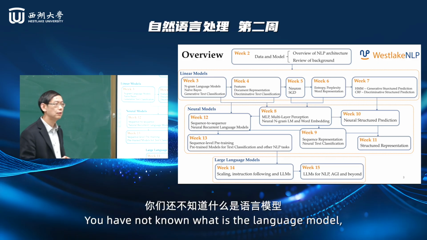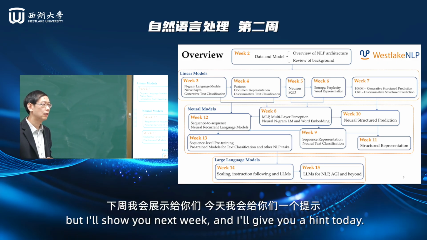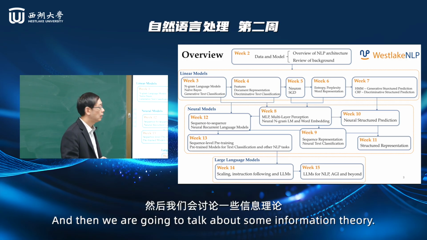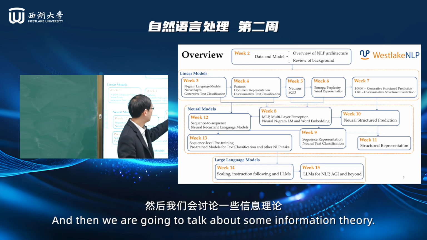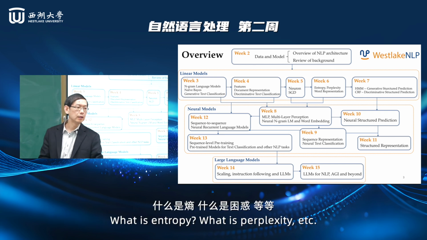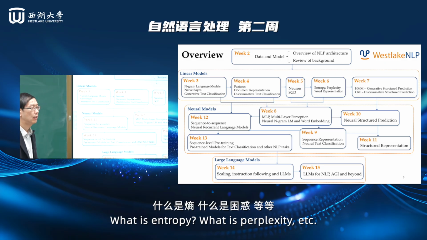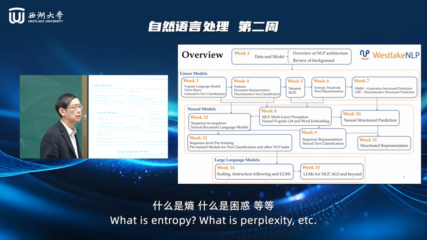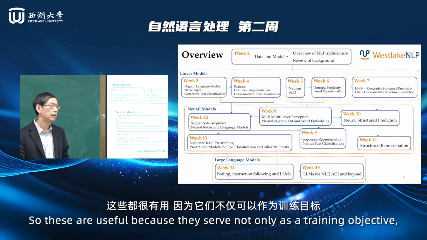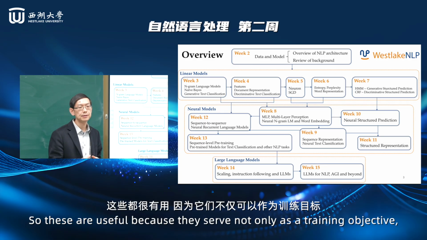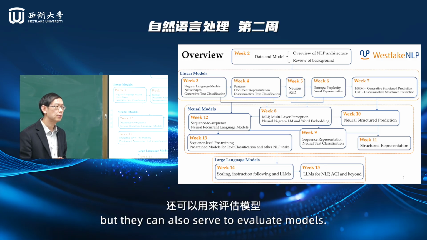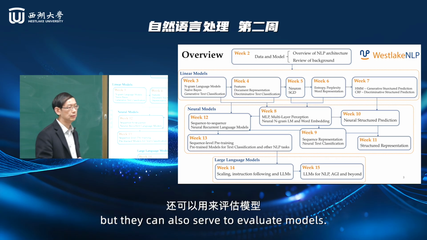You have not known what a language model is, but I'll show you next week, and I'll give you a hint today. And then we are going to talk about some information theory. What is entropy, what is perplexity, etc. These are useful because they serve not only as a training objective, but they can also serve to evaluate models.